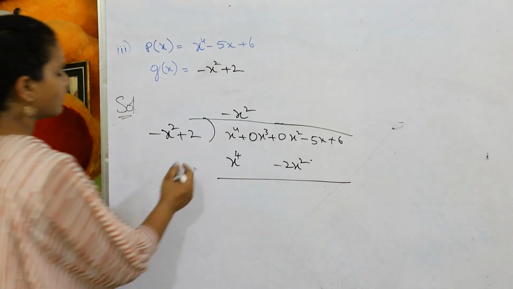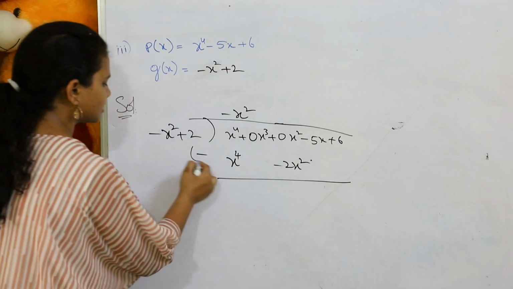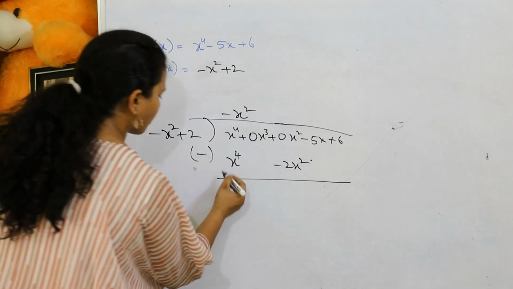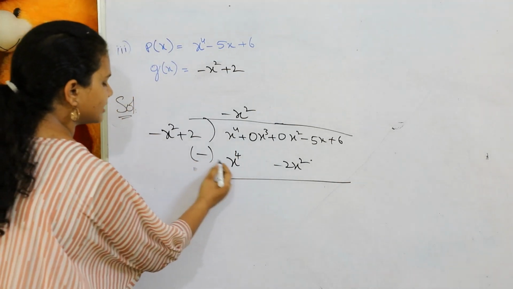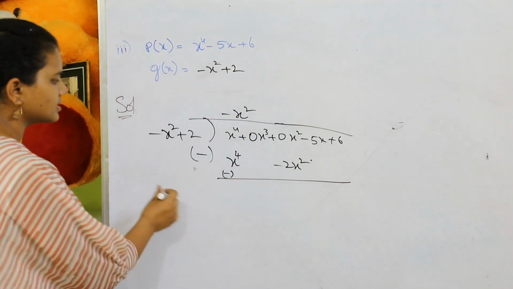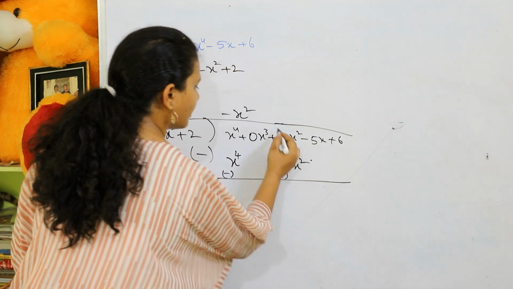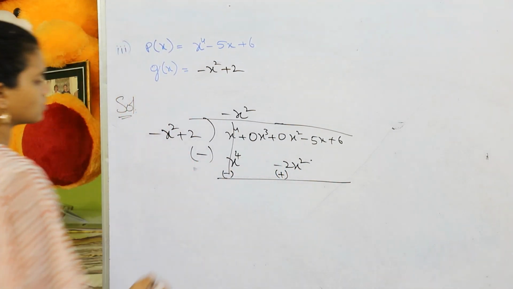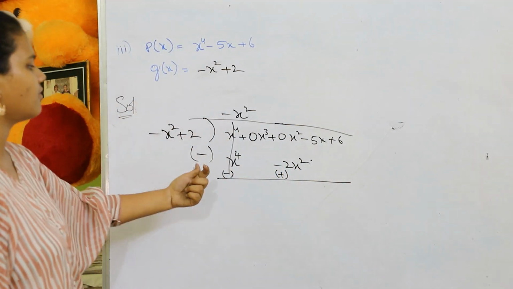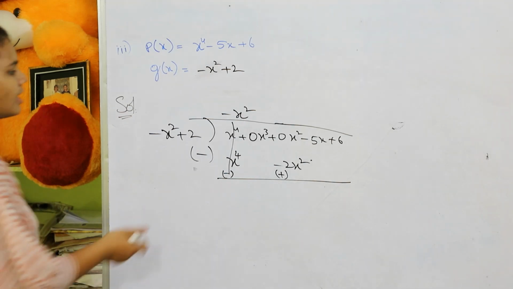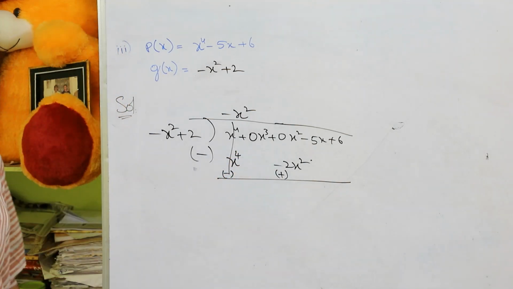Now what you do? We must subtract the first equation from the second equation. So minus into plus, here you have plus sign, this gives minus, and minus into minus becomes plus. Clear? Now plus x power 4 minus x power 4 gets cancelled. Here you have 0x cube, it doesn't have any value.